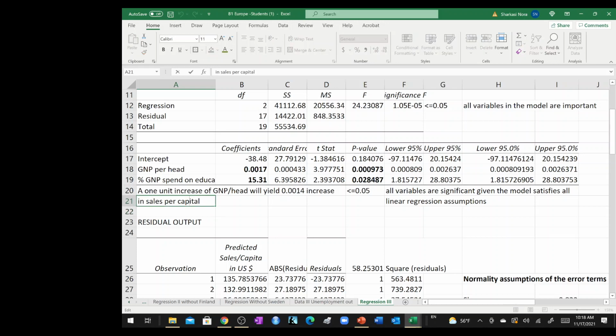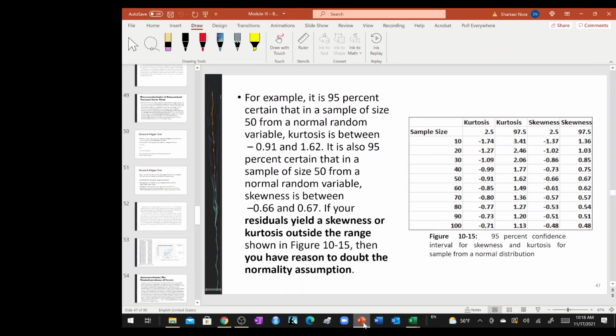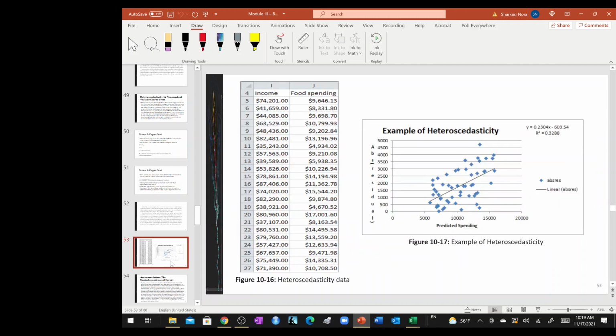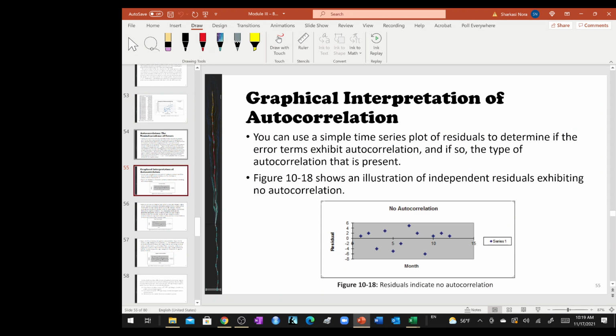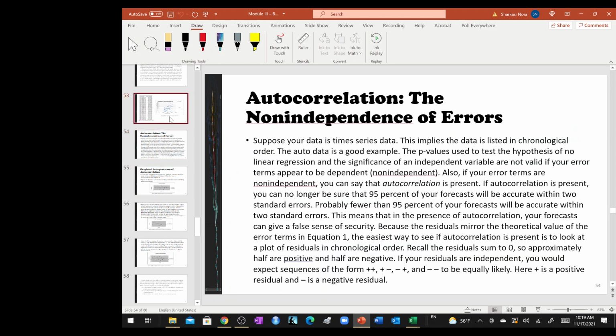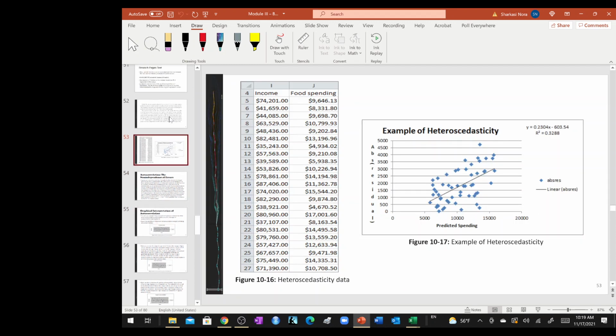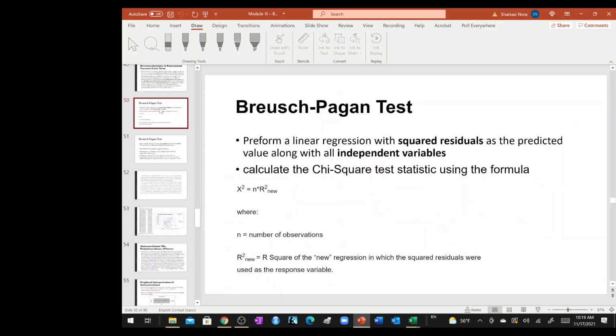Let's see what we have in the slides. We are not there yet. This is the Breusch-Pagan test here.